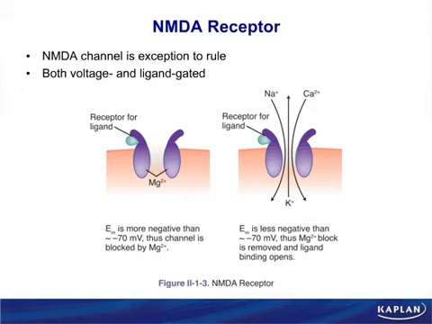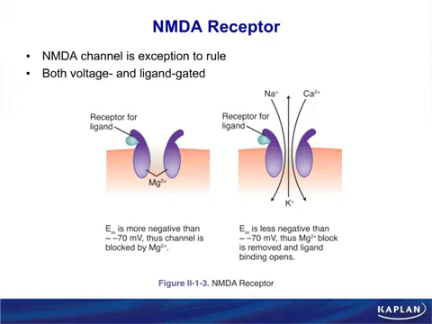Well, magnesium then is going to block the channel. The channel can't open. If, on the other hand, the membrane potential is minus 50, then this removes the magnesium block. So this shows why it is voltage gated. The magnesium block is influenced by the voltage.